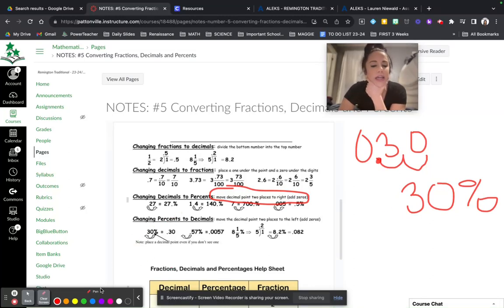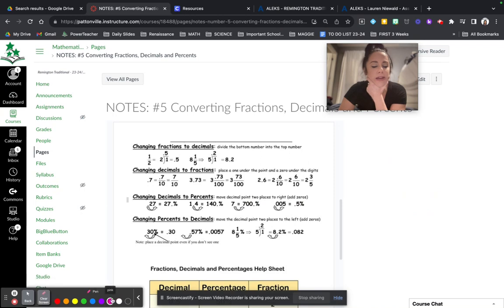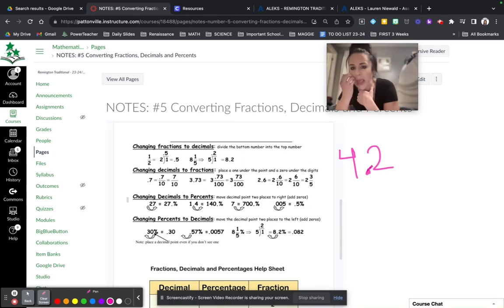What if I had instead, we're going to do 4 2/10, right? Okay, so 4 2/10. Same rule. No matter what, you're going to need to multiply it by 100 to turn it into a percent. So you are going to move it twice to the right.